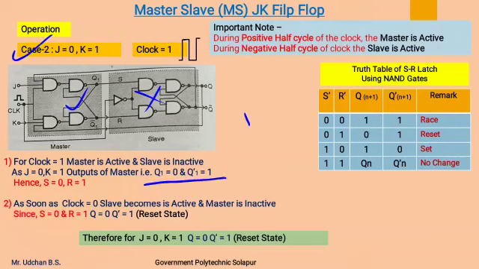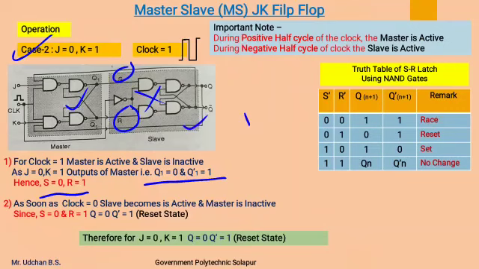That is, the output of master gets reset, by which the value of S and R will be S equal to 0 and R equal to 1, which are nothing but input of the slave flip-flop, that is SR flip-flop.